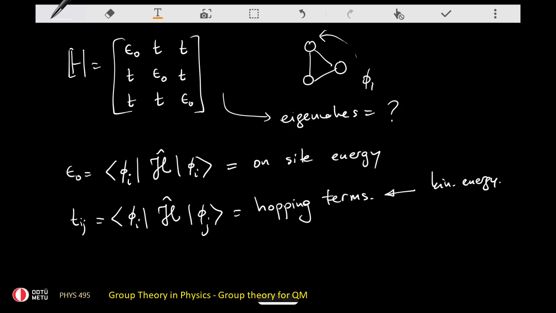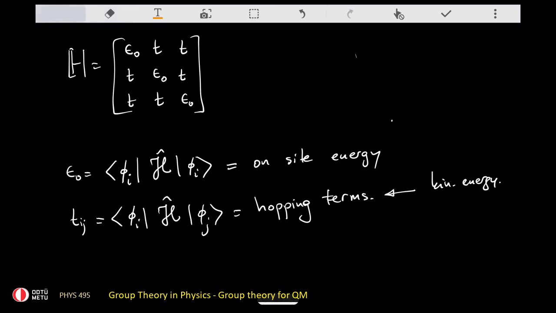You can notice that epsilon 0 appears on every diagonal. So let me write it mathematically like this: I can think of this as epsilon 0 times identity plus t times this matrix in here. Okay, t times that matrix.